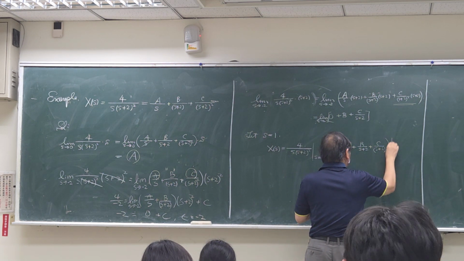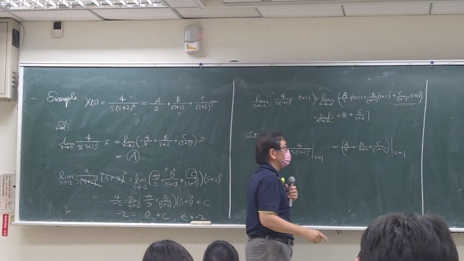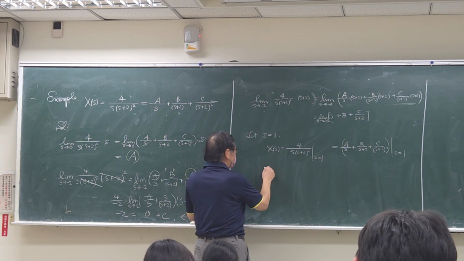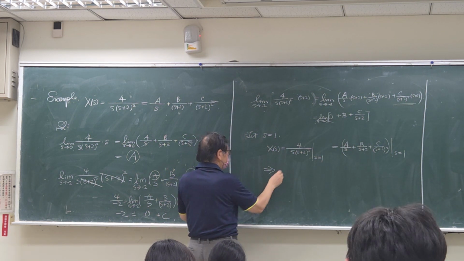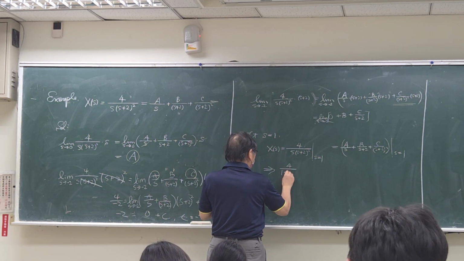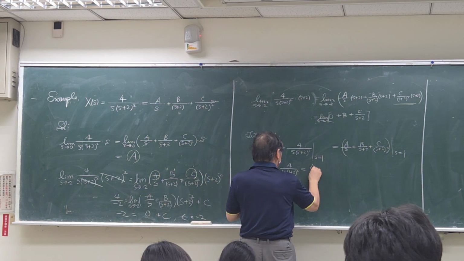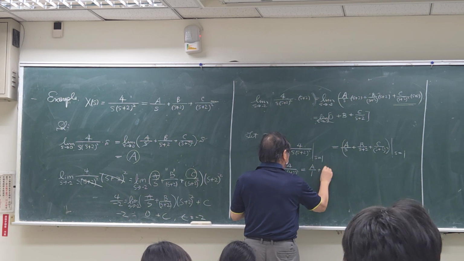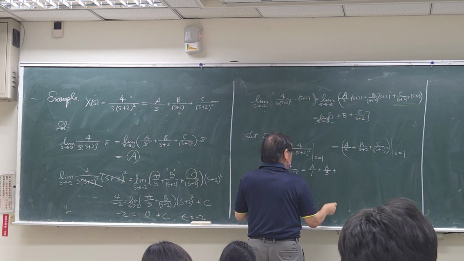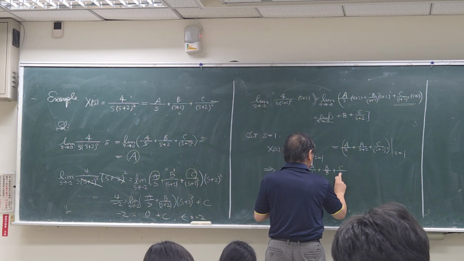And likewise, we let S be 1. So the left-hand side now is 4 over 1 times (1 plus 2) squared. The right-hand side is A over 1, and then B over 3, and C over 3 squared, that's 9.